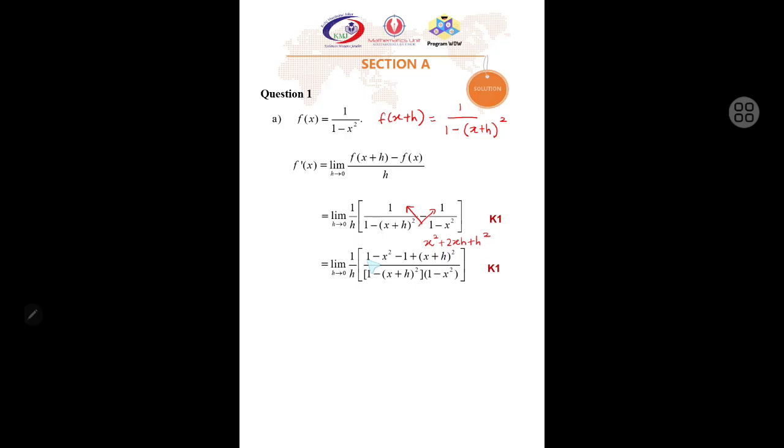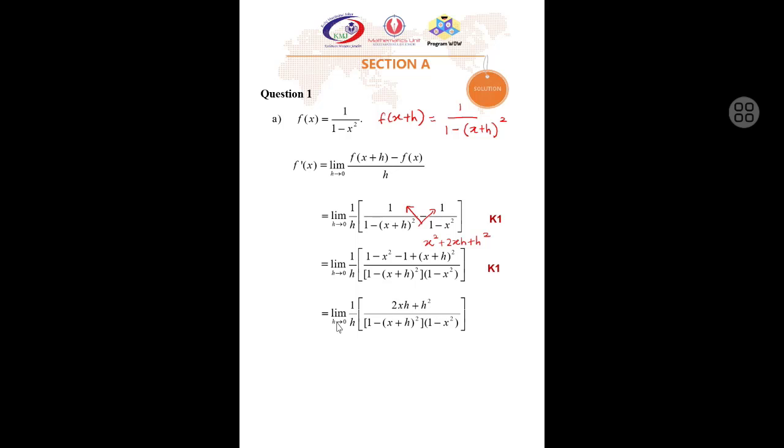From here you can see that 1 minus 1 cancels out, and negative x squared plus x squared also cancels out, so you are left with 2xh plus h squared on the numerator. The denominator is just left as it is.